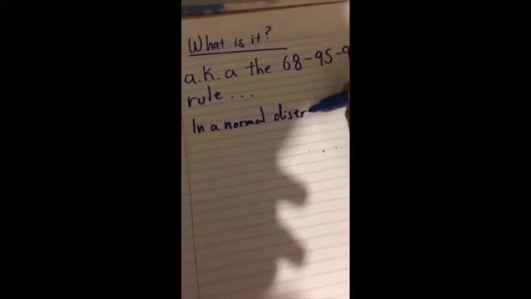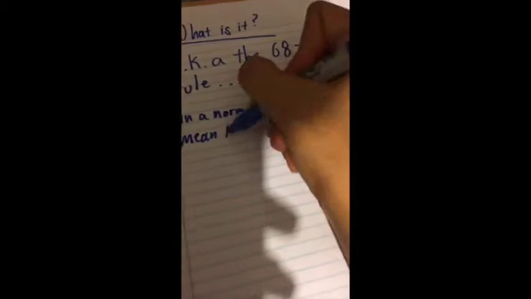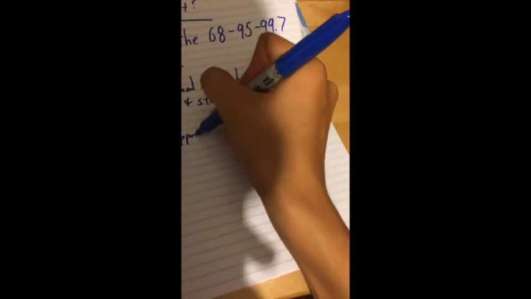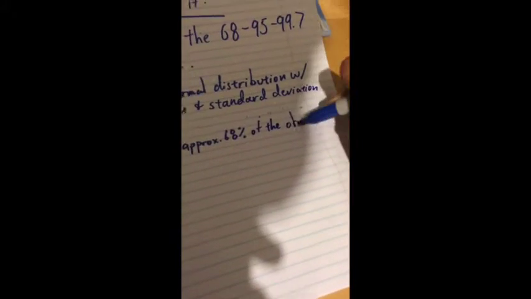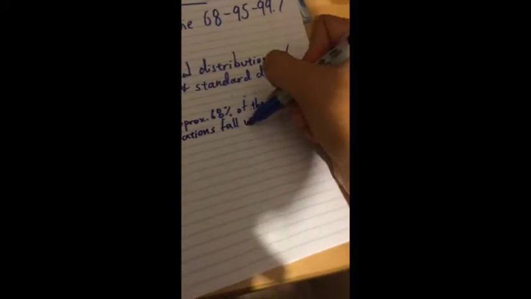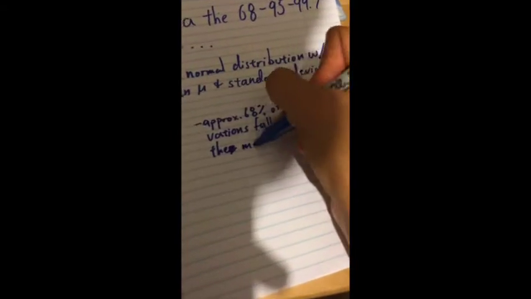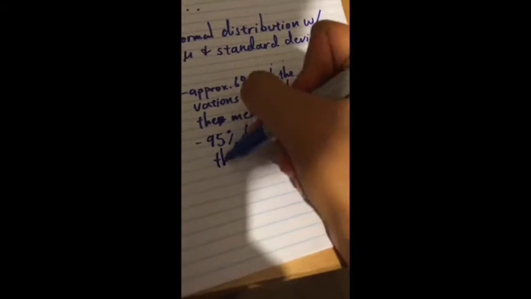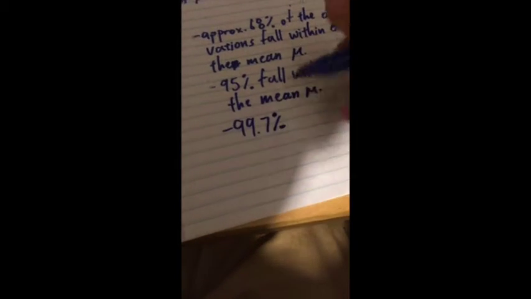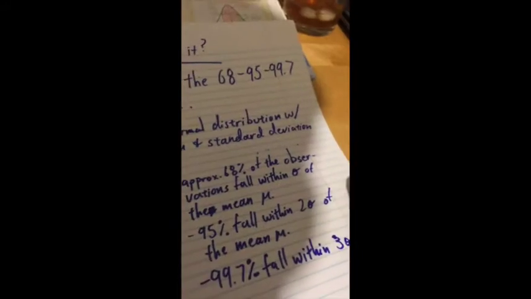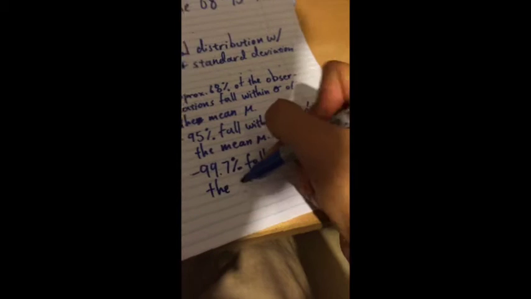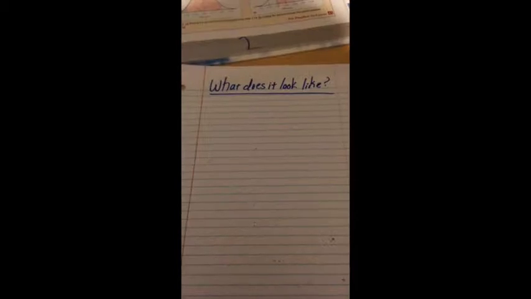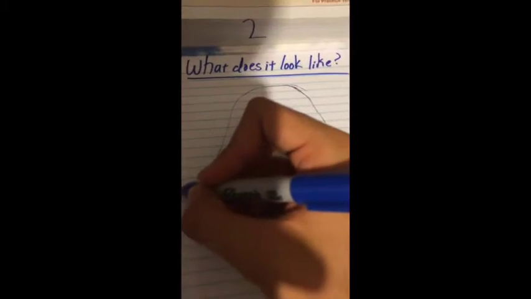The textbook definition is, in a normal distribution with mean mu and standard deviation sigma, approximately 68% of the observations fall within 1 sigma of the mean mu, 95% fall within 2 sigma of the mean mu, and then 99.7% fall within 3 sigma of the mean mu. I know this is all really not making sense yet, and we're going to get to an example and what it looks like.